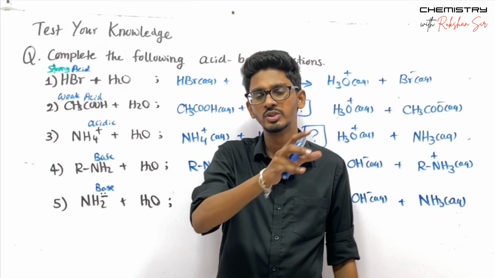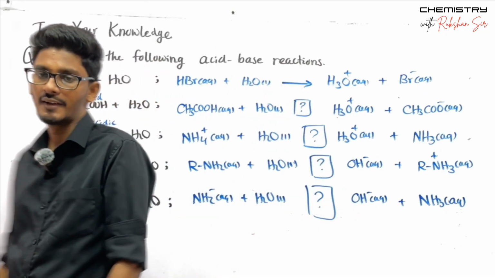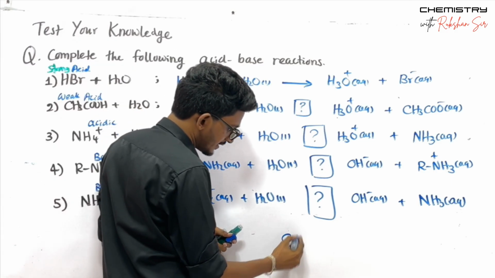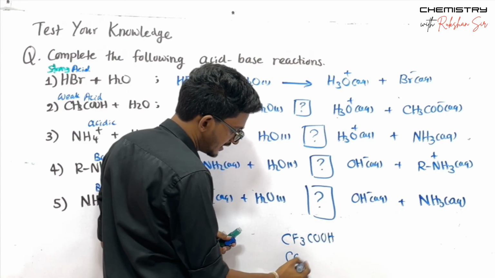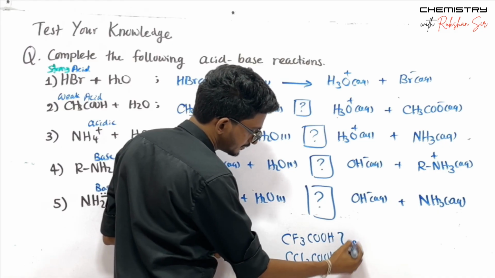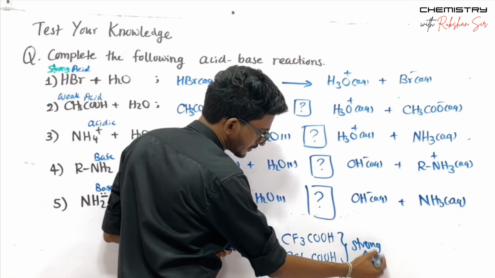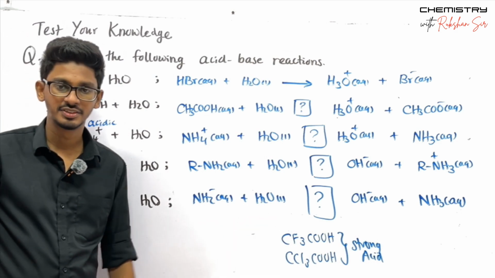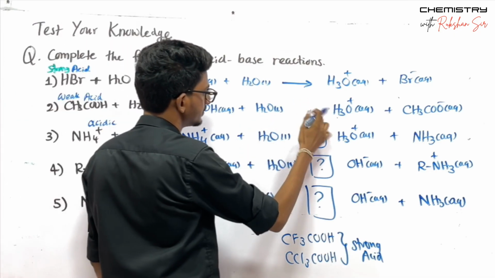Other than those two, all the other organic acids are weak acids. So this is a weak acid, so weak acid means double arrow.